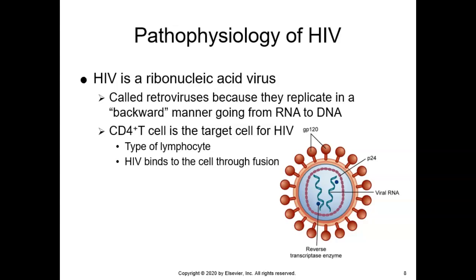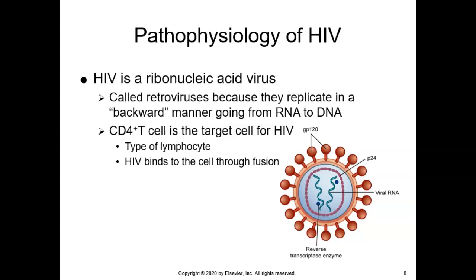The HIV binds to that cell because the HIV has protrusions that dock to those receptor sites on the CD4 cells. So some of the pathophysiology, again, it has to be in a host to reproduce for the HIV. And after infection, there's a latency period before a person actually shows signs of symptoms.